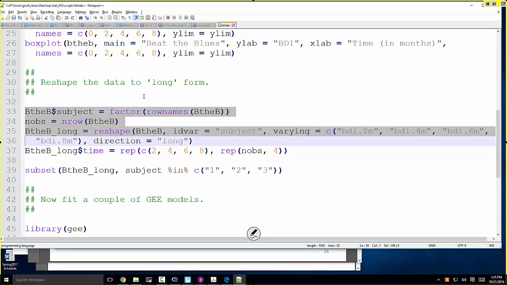So here is beat the blues underscore long form equals reshape the wide form. Let's create an identifying variable called subject. I tell it the columns that specify the repeat measurements over time. And I tell it the direction I want to go. So I'm going from wide to long.